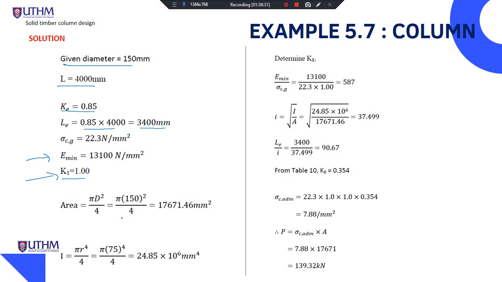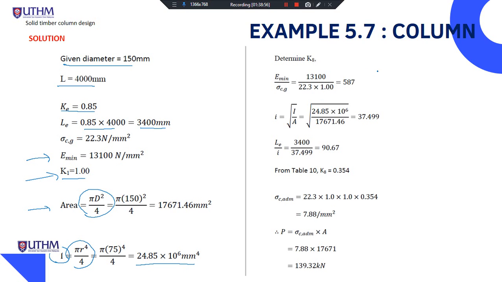Our area is pi d power of 2 divided by 4, so the cross-sectional area for the round column is 17,671.46 millimeter square, and our moment of inertia is pi r power of 4 divided by 4. Thus our moment of inertia is this value.